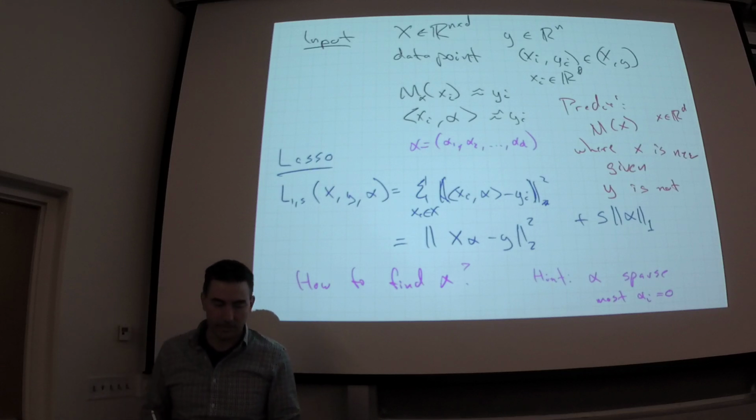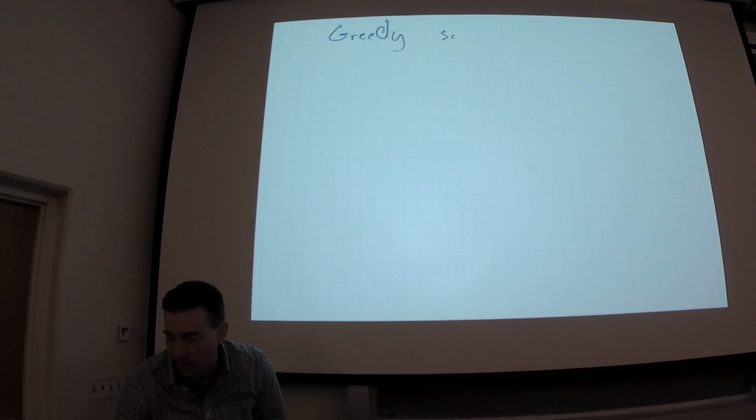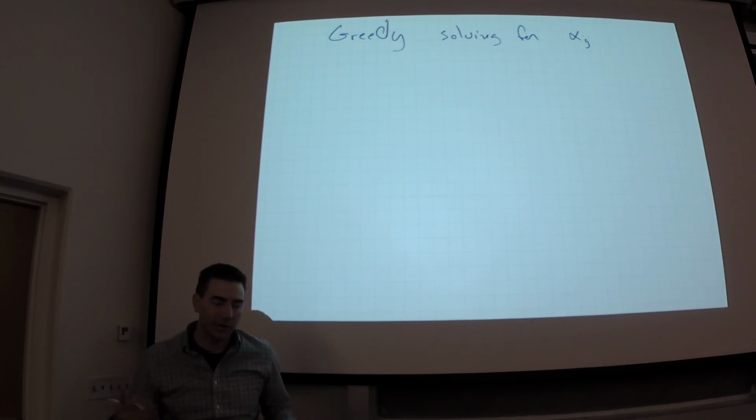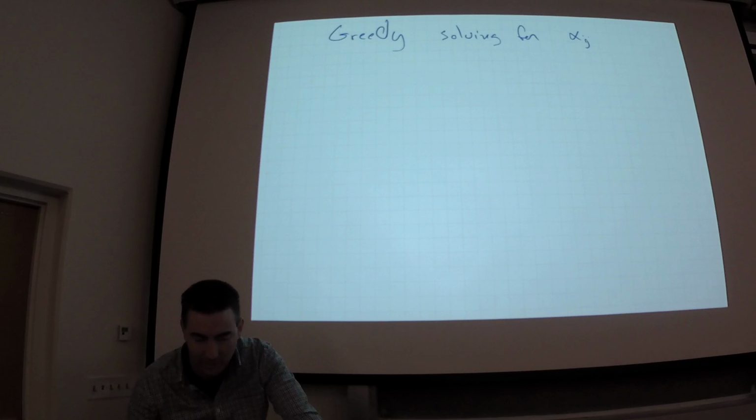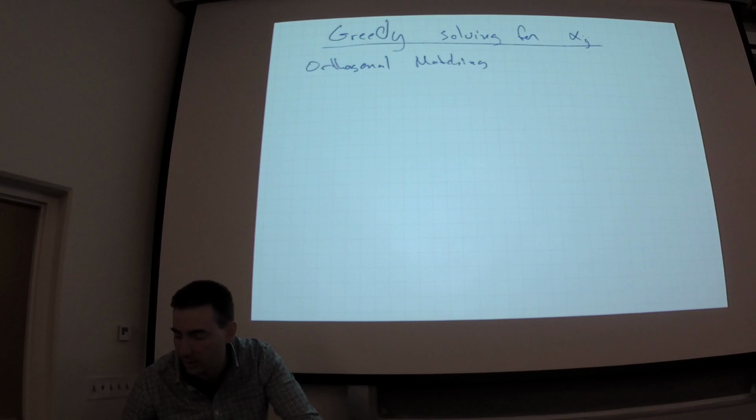So we're going to have this greedy solving for these alpha j. Greedily solving for them is typically called, in the literature, orthogonal matching pursuit, or OMP.